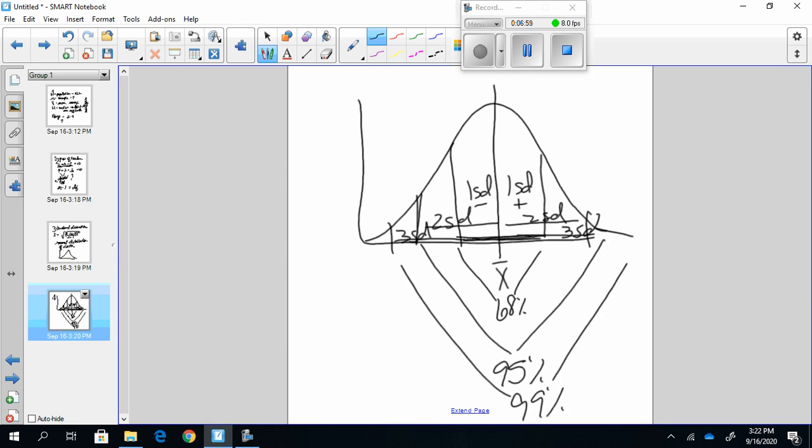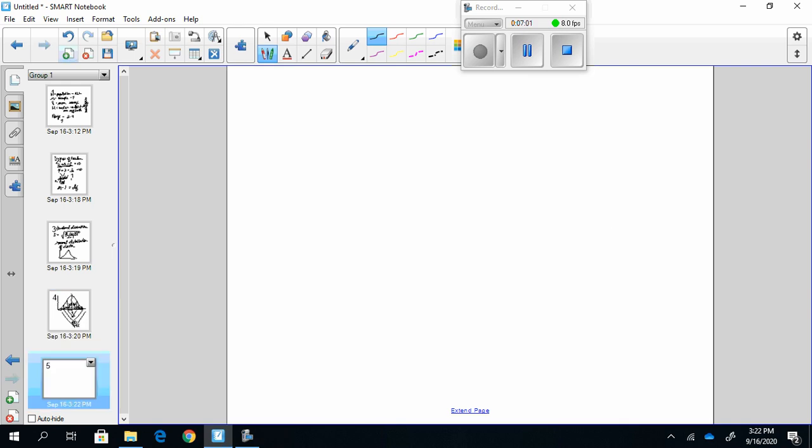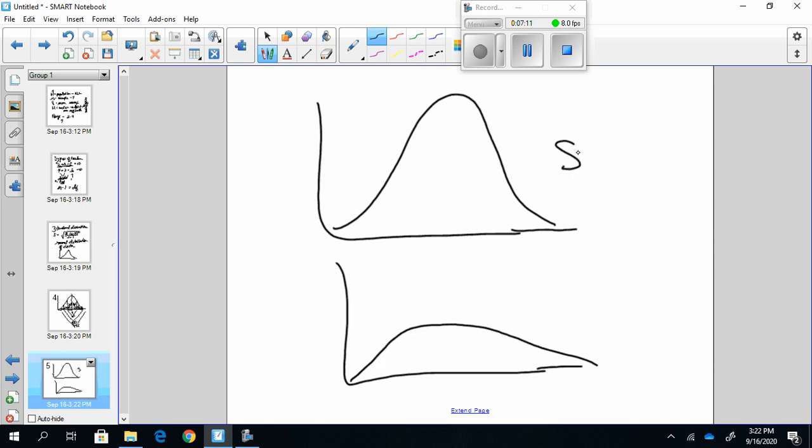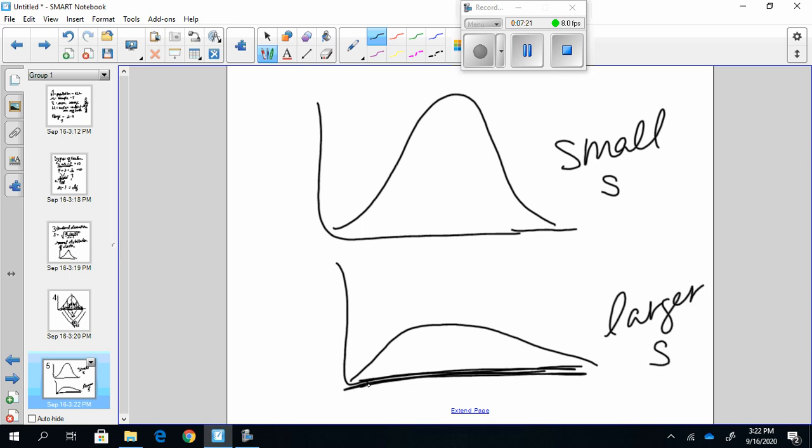And that's how a normal bell curve works. Now, not every curve is super steep. Sometimes you have a curve that's like this. And what it tells you is that this has a really small standard deviation, and this has a larger standard deviation because the data is more spread out.